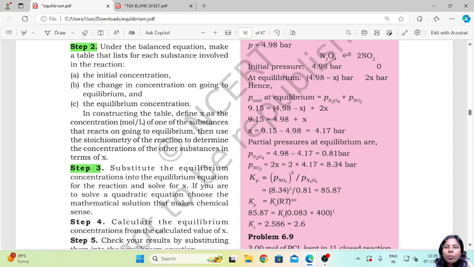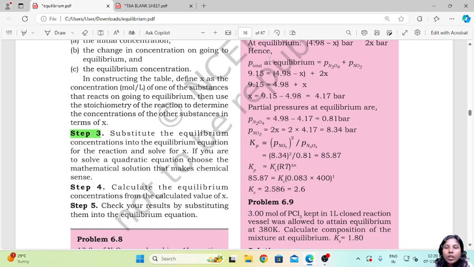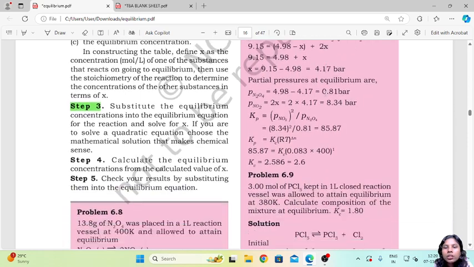So the pressure of N2O4 is 4.98 minus x, since we don't know the final pressure, and for NO2 it is 2x bar. So P total at equilibrium is the pressure of both the reactant as well as the product. So 9.15, that is the total pressure, equals this whole equation, which we substitute here, and we'll find the value of x.